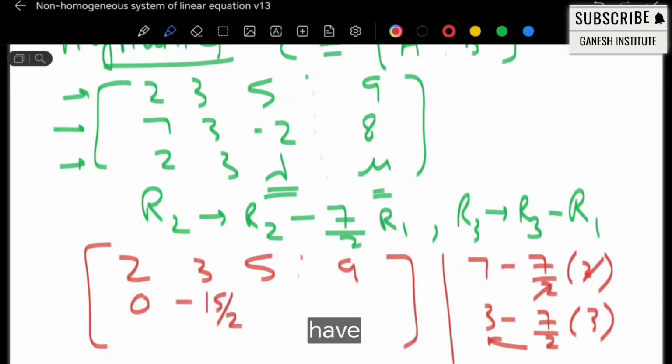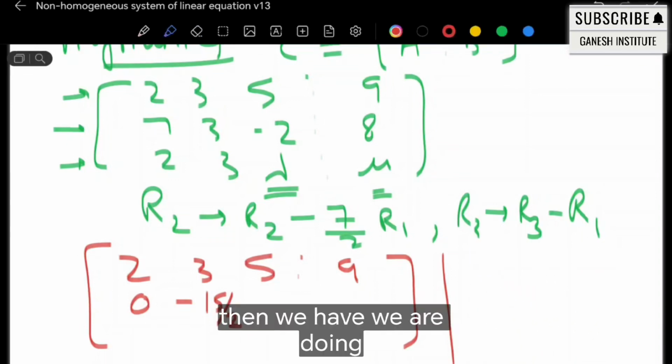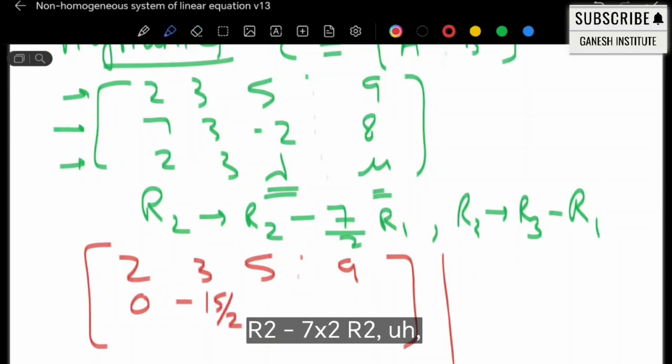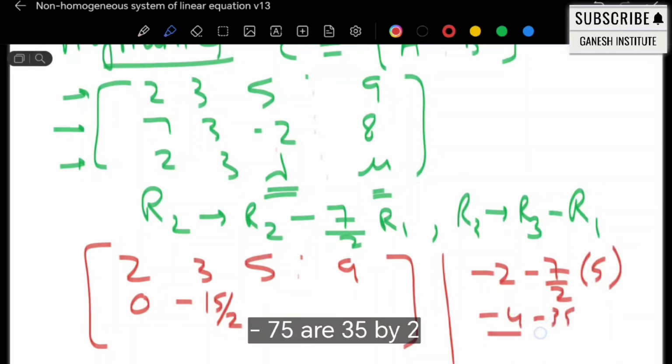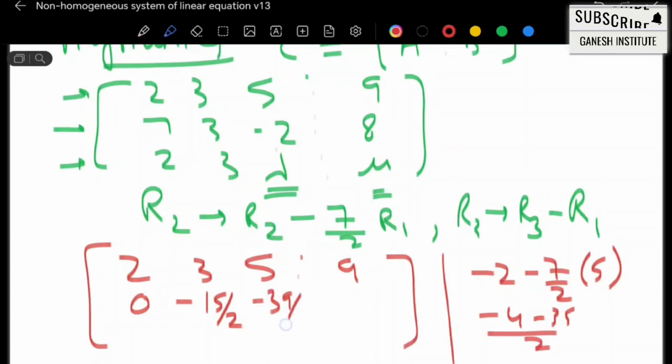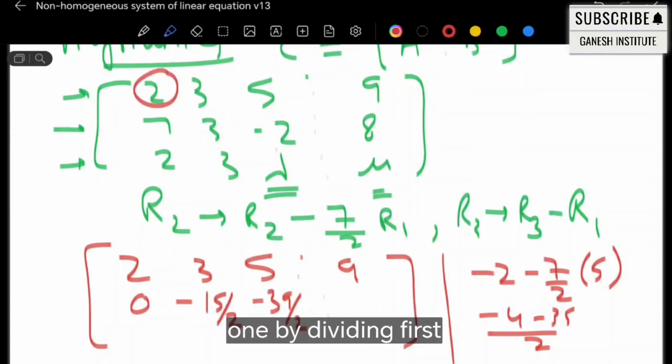Then we have, we are doing R2 minus 7 by 2 R1. So what is R2 next? This one. Minus 2 minus 7 by 2 R1, which is 5. So minus 2 is 4 minus 7 5 is 35 by 2. That is minus 39 by 2. You could have made it simpler by making it 1 by dividing first row by 2 also.